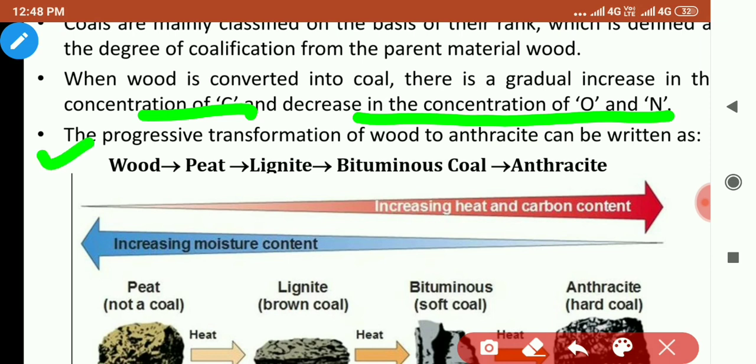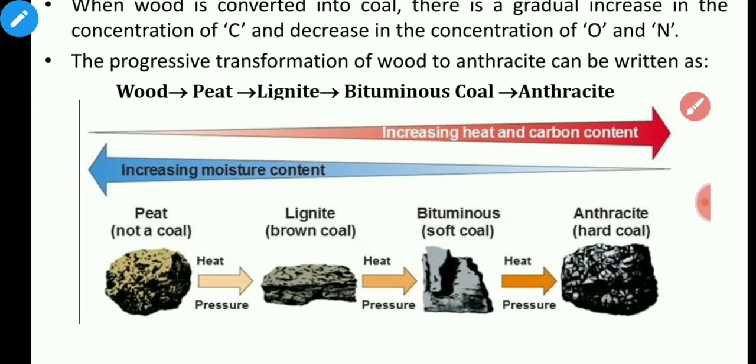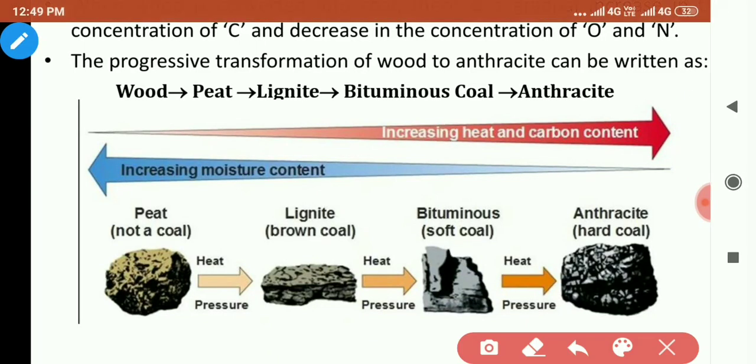The progressive transformation of wood to anthracite can be written as mentioned here: wood, peat, lignite, bituminous coal, and then anthracite. In this diagram also you can see the process of transformation from the starting material, wood, to peat, lignite, bituminous coal, and then anthracite.